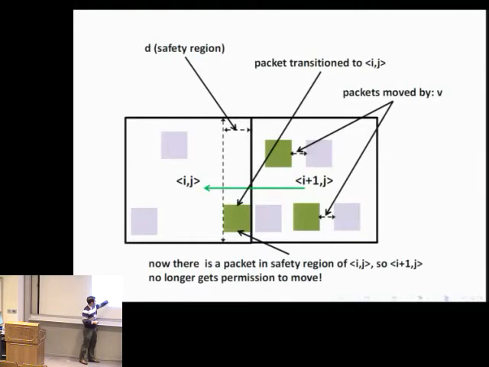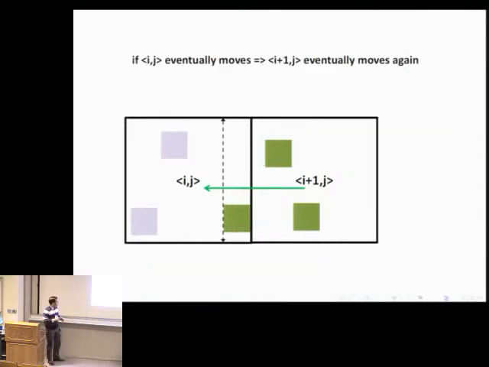What we've assumed is that if an edge crosses the line, the entire thing goes. That's the assumption we're working with there. Now there is, in fact, a packet here, so this cell no longer has the ability to move in this direction. That's what it learns.